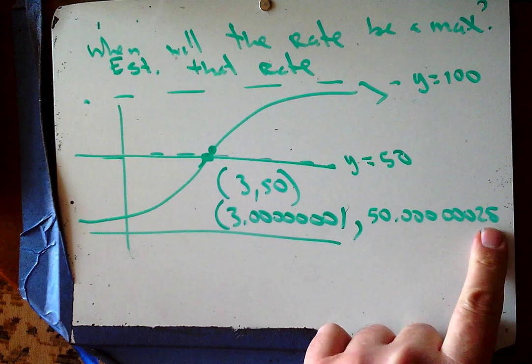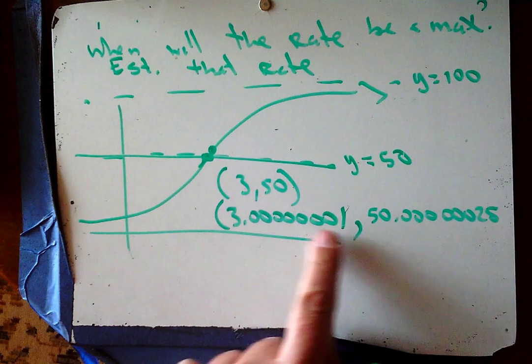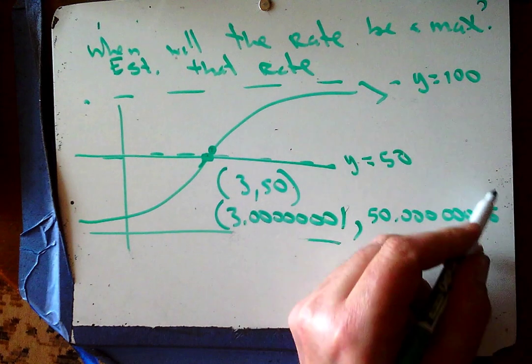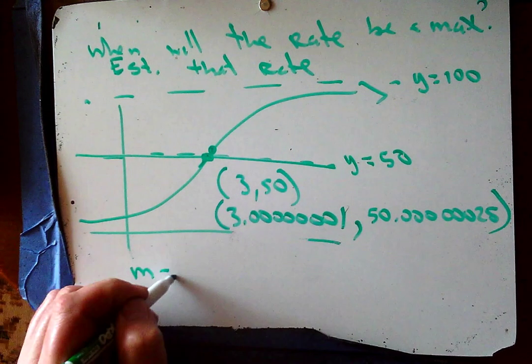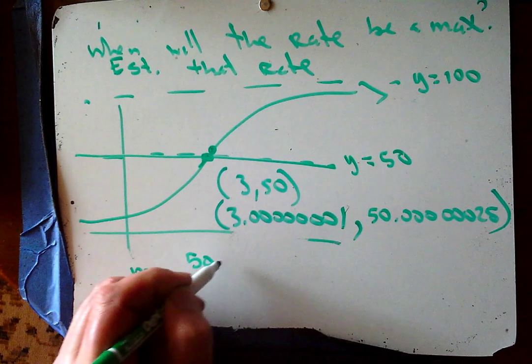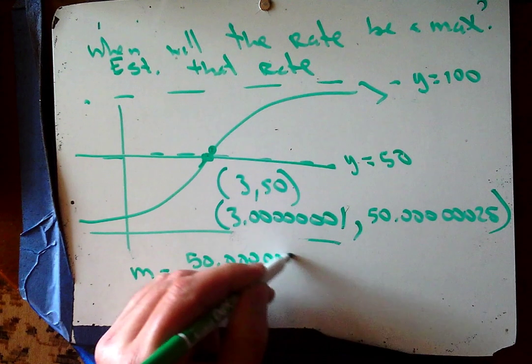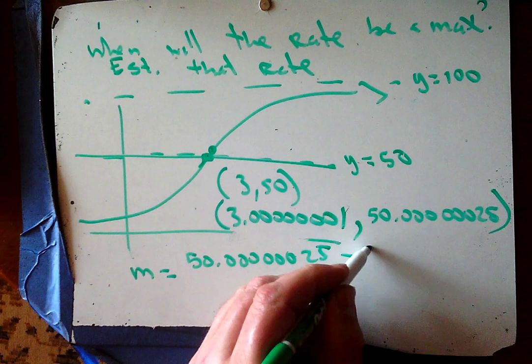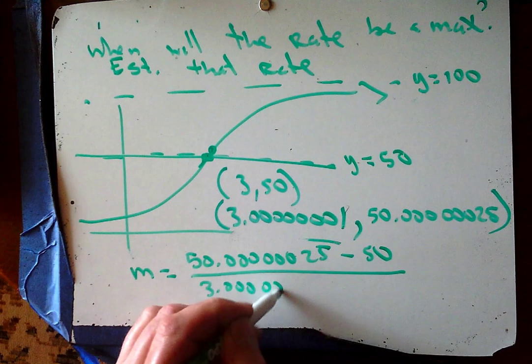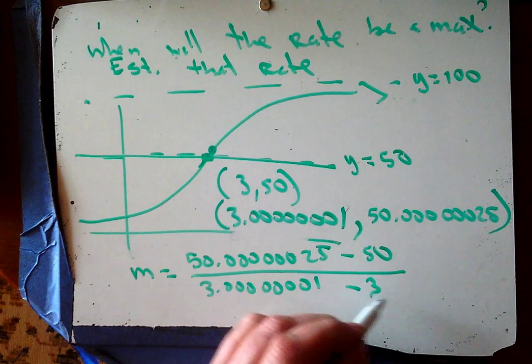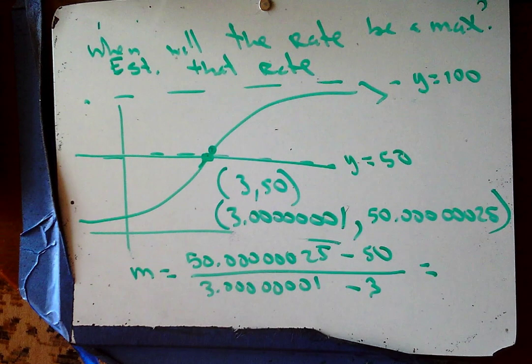It's not a 1 there, it's a 25 because I plugged this x value into our function. And now that I have these two ordered pairs, I can find the slope: 50.0000025 minus 50 over 3.0000001 minus 3. All right, so let's figure out what that slope is.